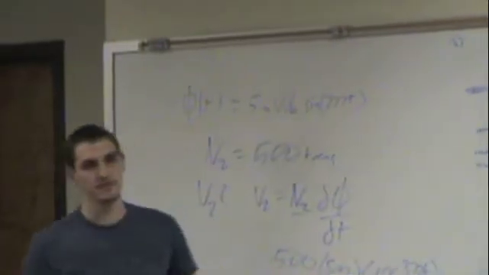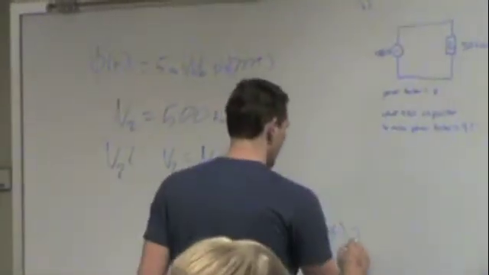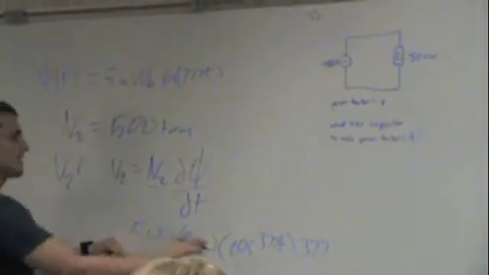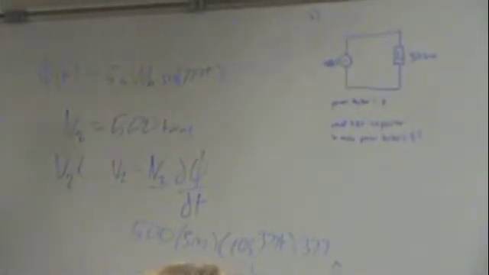And then the 377 comes out too, right? Simple math that sometimes you forget. So this comes over this way, and we multiply all these together, and we get 940.